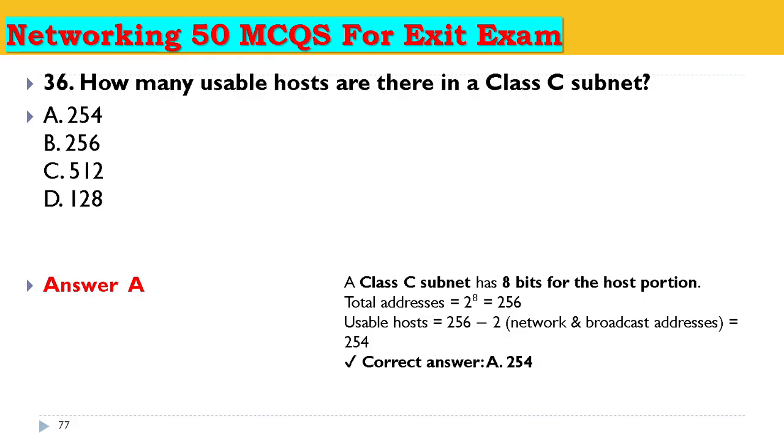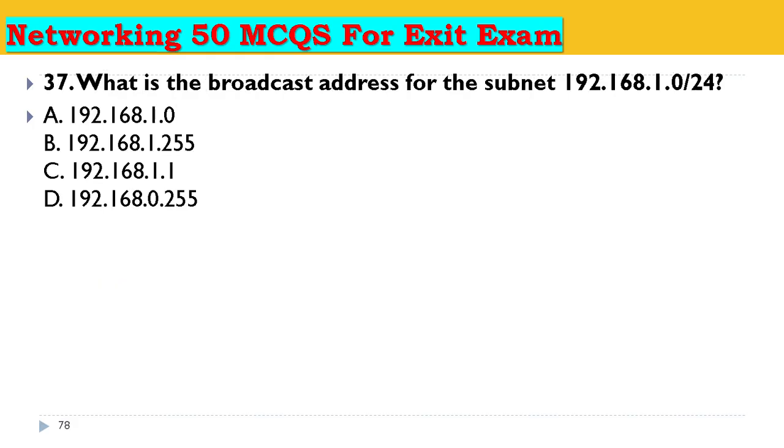Because in class C subnets, 8 bits are used for the host portion, so the total addresses are 2 to the power of 8, which is 256. From this 256, 1 is for the network and 1 for the broadcast address, so 254 are usable hosts.